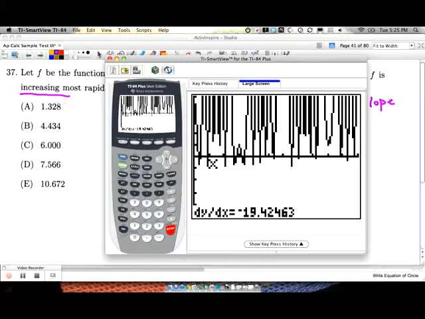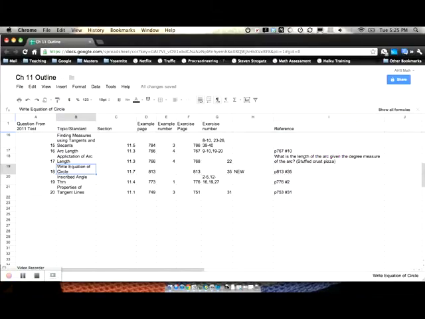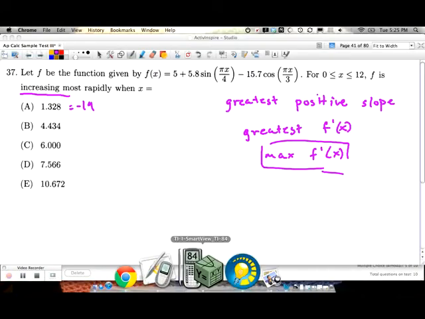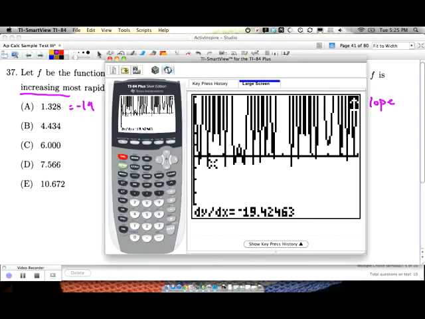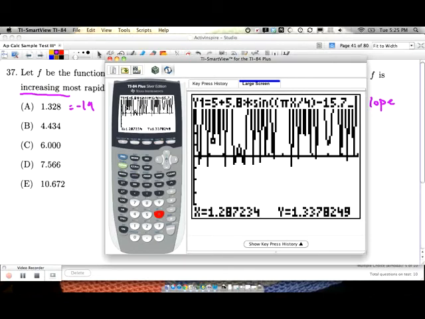That's about negative 19. I don't think that's going to be it. So the slope here is negative 19. Let's look at the next one. Second, calculate the derivative or the slope at 4.434.